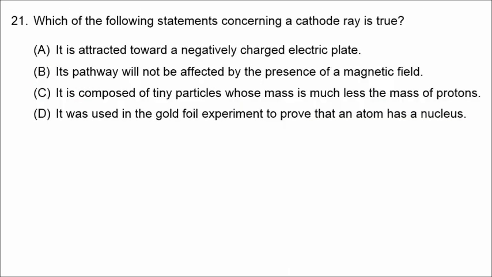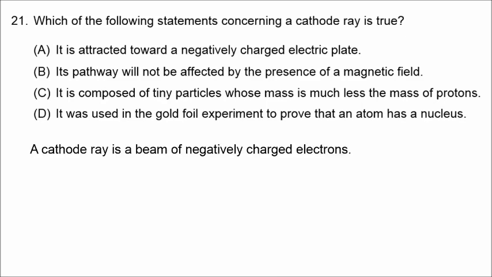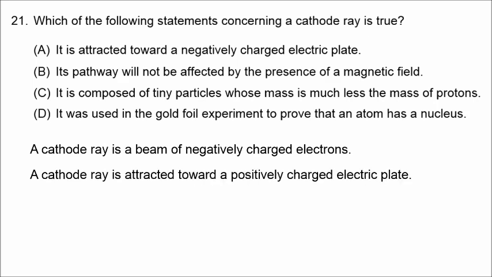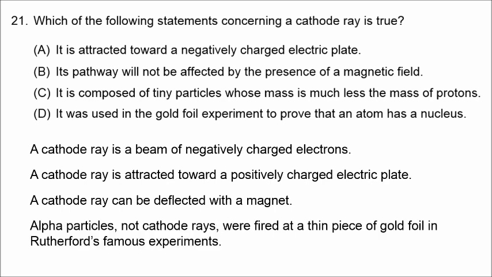Number 21 is talking about the properties of a cathode ray. We know that a cathode ray is a beam of negatively charged electrons, and that a cathode ray is attracted toward a positively charged plate. A cathode ray can be deflected with a magnet, and alpha particles, not cathode rays, were fired at a thin piece of gold foil in Rutherford's experiment.